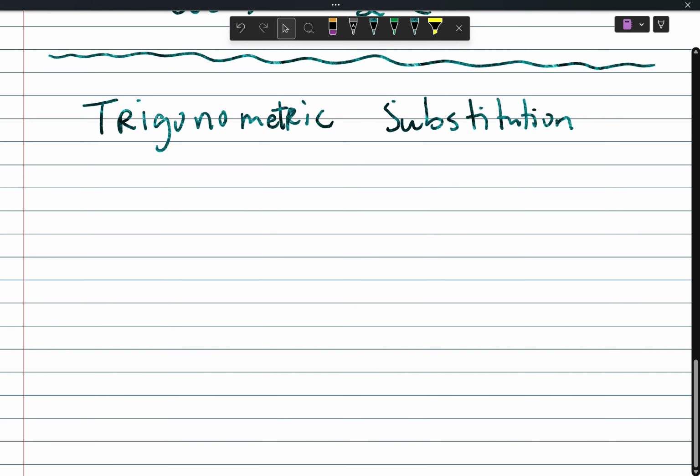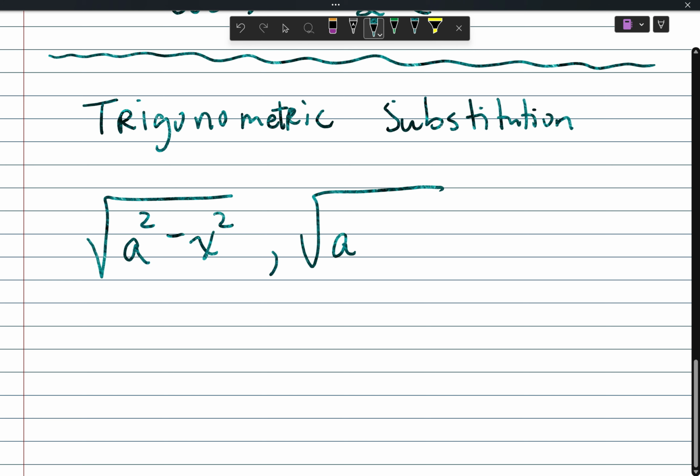A number of the practical problems require us to integrate algebraic fractions that contain an expression of the form square root of a squared minus x squared, or the square root of a squared plus x squared, or even something like x squared minus a squared.